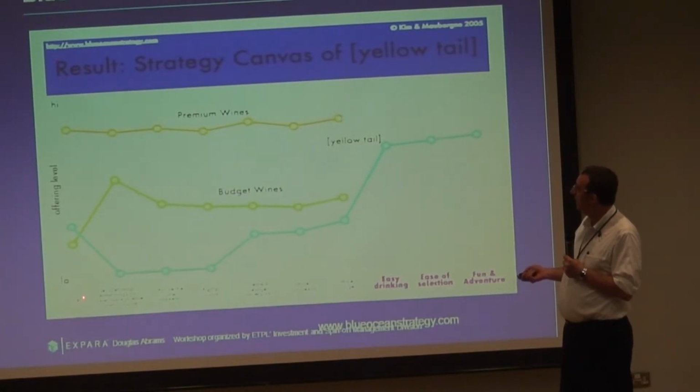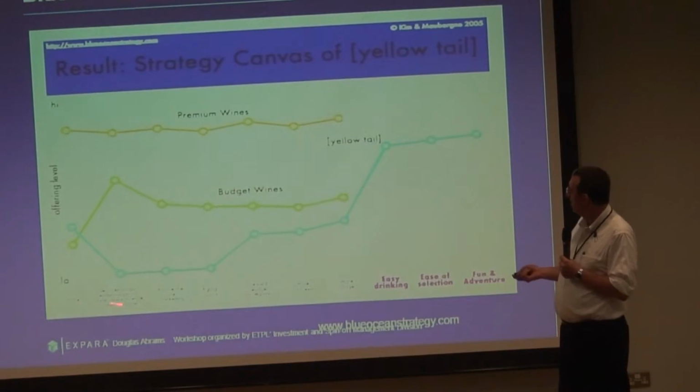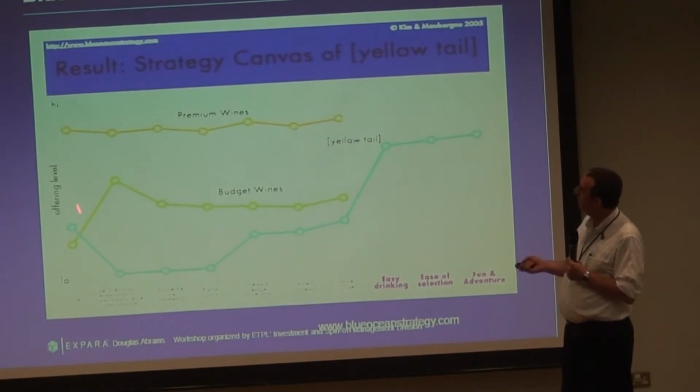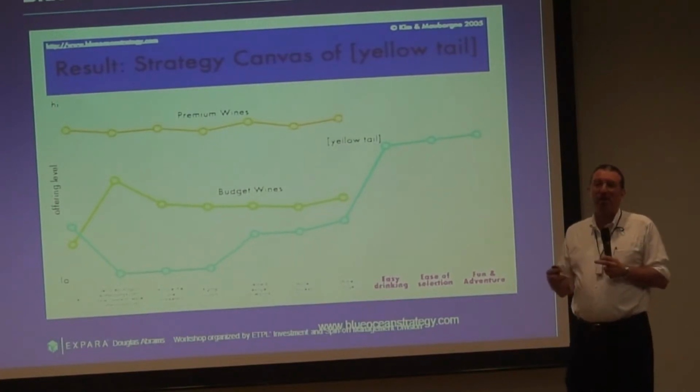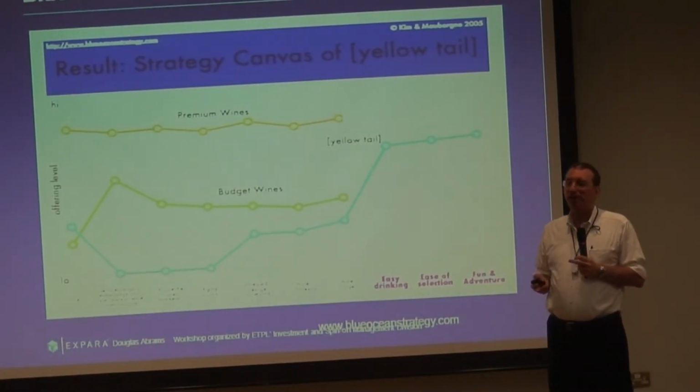So in this diagram, we look at 9 factors of competition along the x-axis, and we segment the market based on the level of product offering on each of those dimensions.